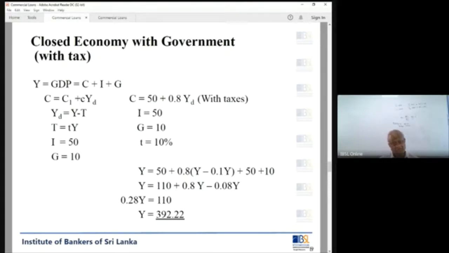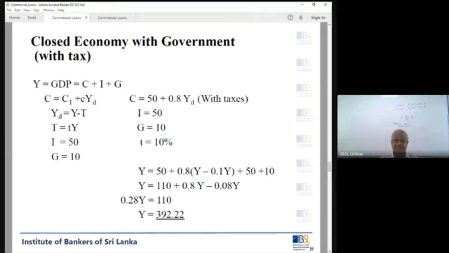Now there is an important point. Government is getting tax revenue, tY, 0.1 times Y, 10% of 392.